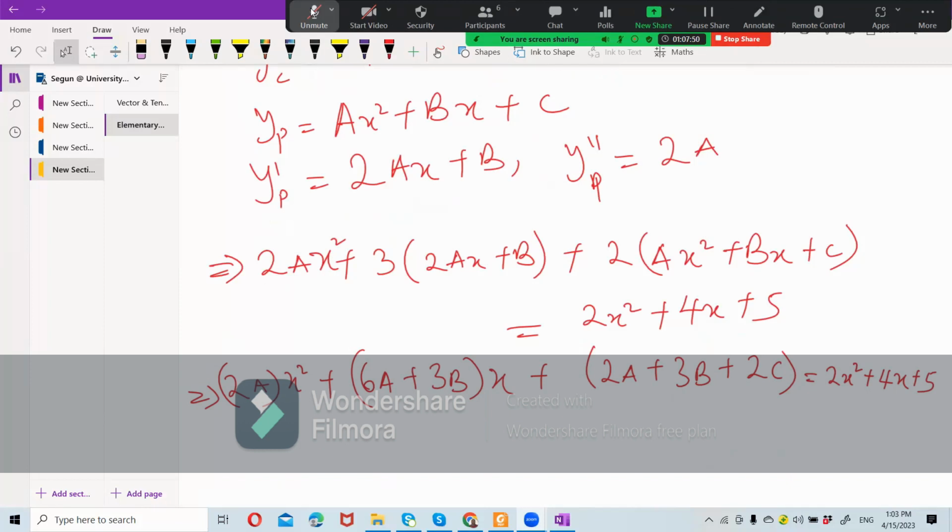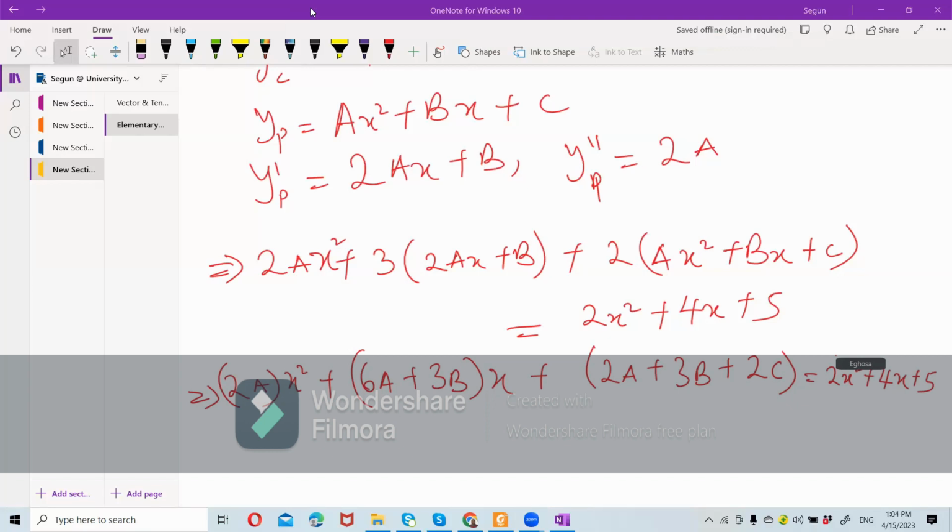That is 3b, not 2b. All right. We've gotten our A. Our A is 1.